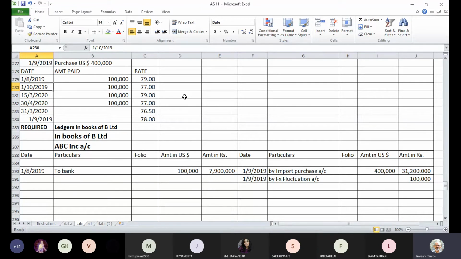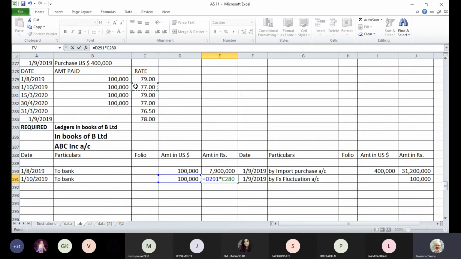So how will you pass the entry? The entry will be ABC Incorporated account debit to bank account, to FX fluctuation account towards the gain. So 1st October 2019, ABC Incorporated account debit to bank. How much amount we remitted? $1 lakh. What was the rate? It was 77 on this day.